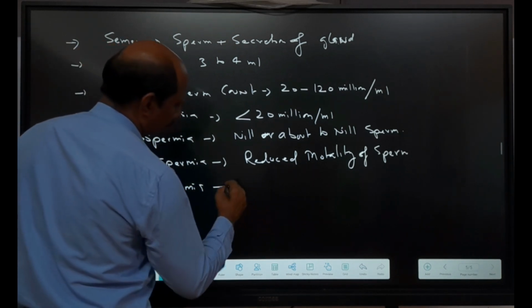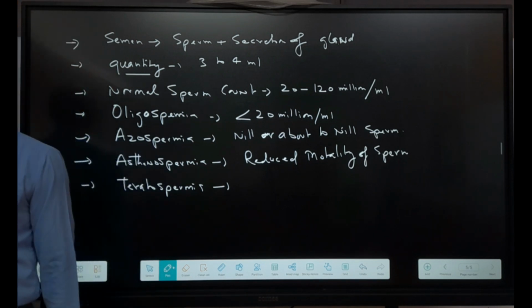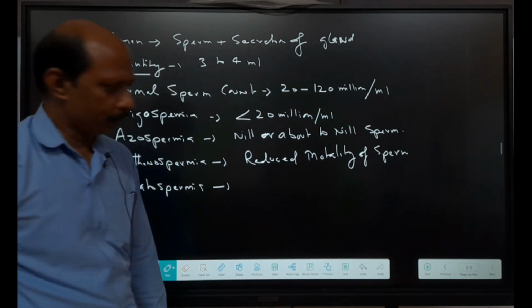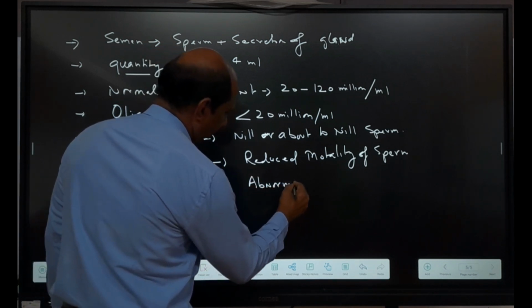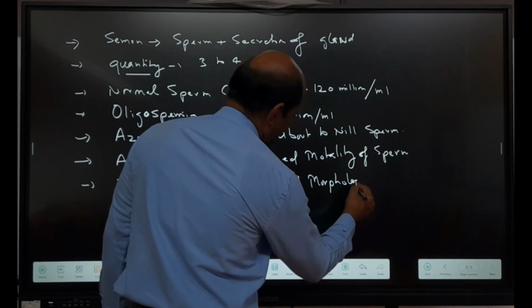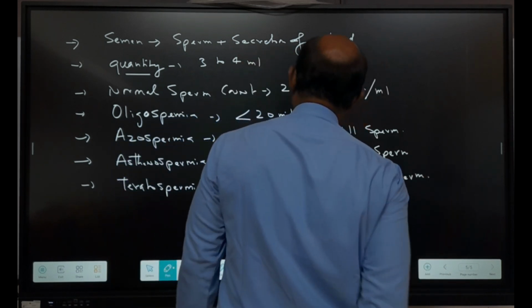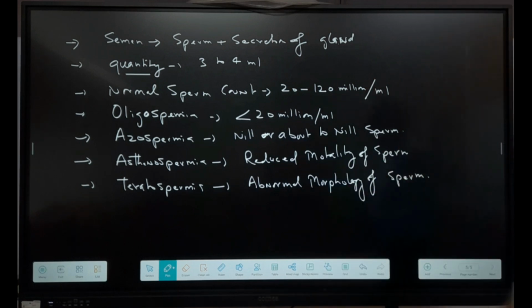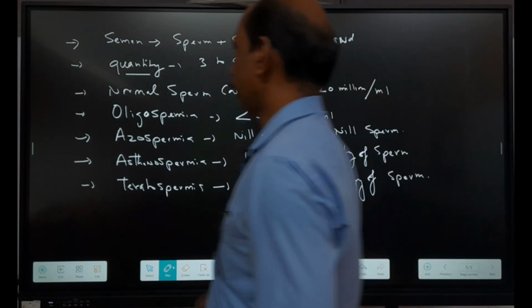Teratospermia means what? Here their structure is different, meaning they have abnormal morphology of sperms, right? So these are some specific terms which we use for semen or sperms, right?